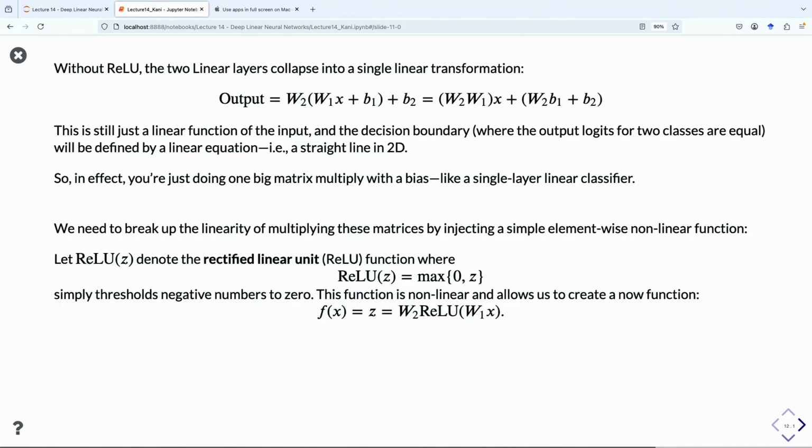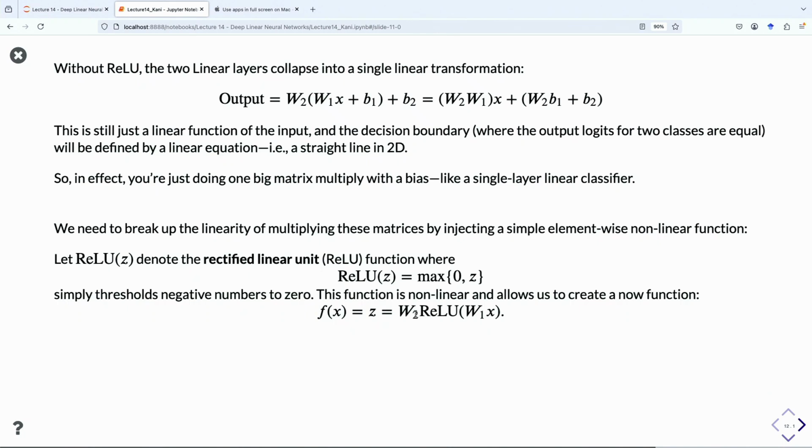Basically, it would never output anything less than 0. The activation function looked like this, right? Because this ReLU thresholds negative numbers, it is a nonlinear function. Then you have a case where the new function becomes W2 times ReLU of W1x.